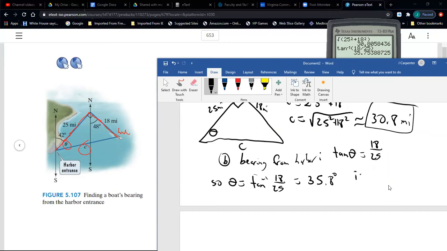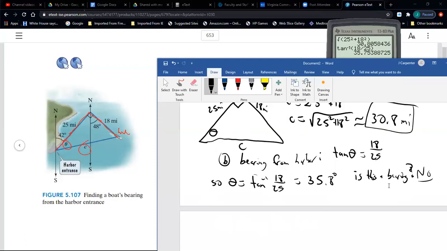But is this a bearing? No, that was supposed to be a question mark. It's not a bearing. That is absolutely not a bearing. That's a traditional angle because that's measured from a horizontal position. So what we actually have to find is the bearing.